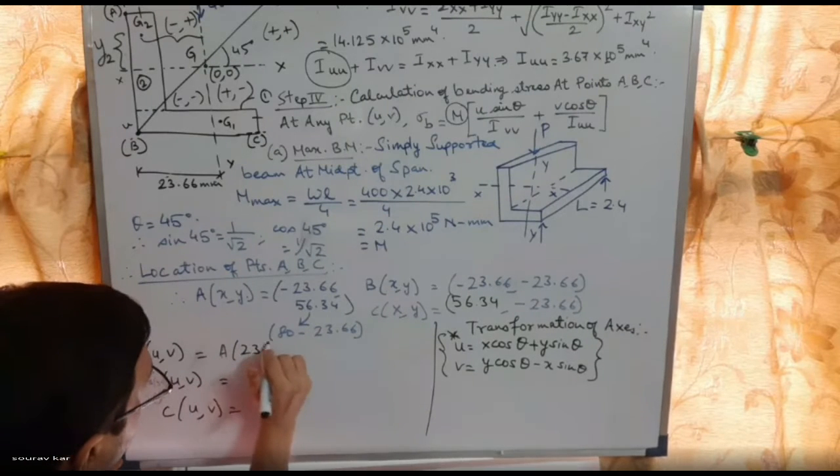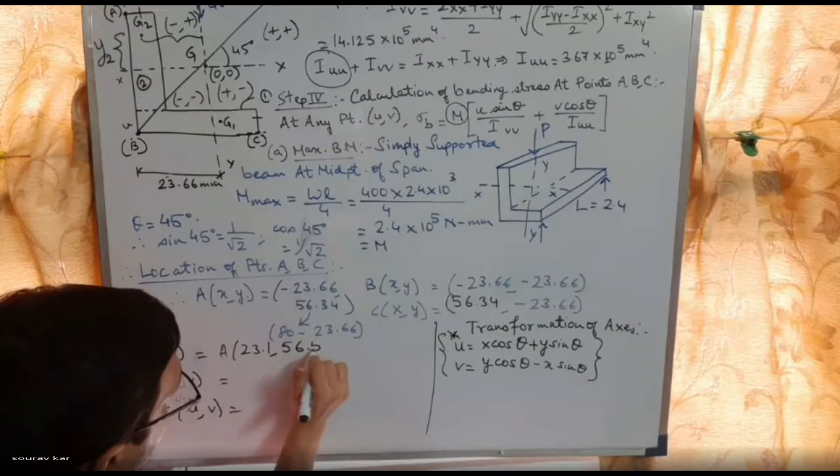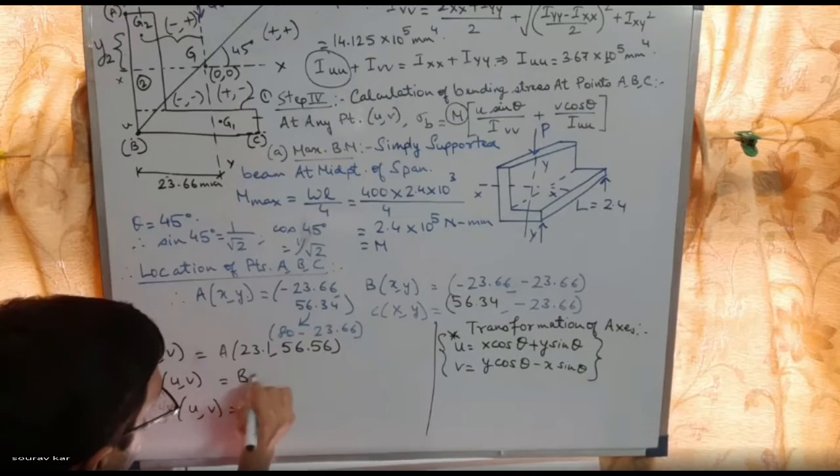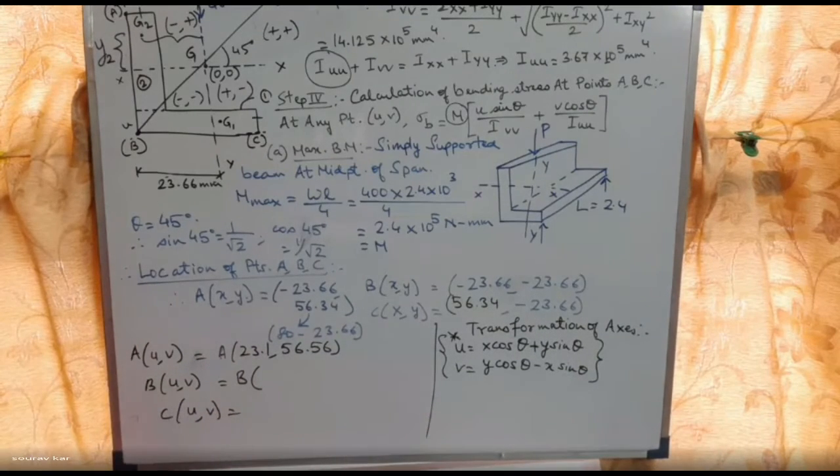Sir, A is 23.1 and 56.56. Correct. A is 23.1, 56.5. Next for B, sir, for B minus 33.47 and 0. Correct.